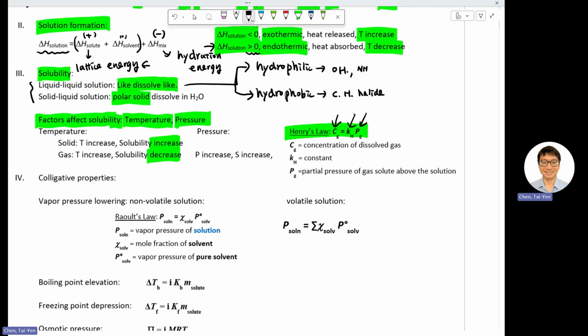Then you have gas-free water for the reaction. It's a very simple idea: if there's no external pressure, there will be no such molecule dissolved in your water.